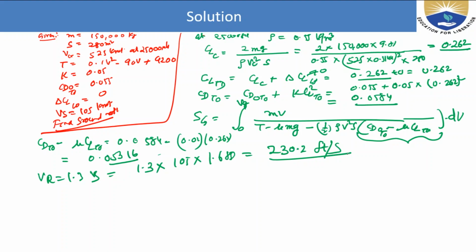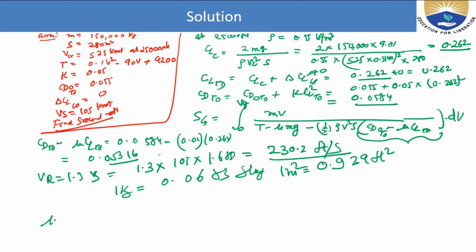We got this VR also. So now we will see the next step. We know that 1 kg is equal to 0.0683 slug, and 1 meter square is equal to 0.929 feet square.